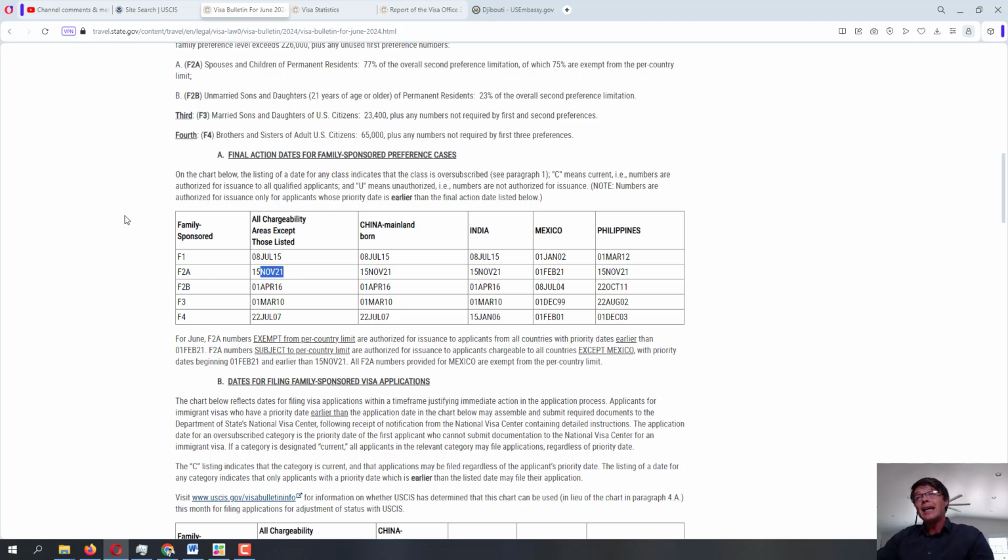So she filed in April 2022, and right now it's on November 2021. So roughly there's about another year you're waiting before your priority date becomes current, and after it becomes current, then they start scheduling that immigrant visa interview. So there is additional time waiting for the immigrant visa to become available.